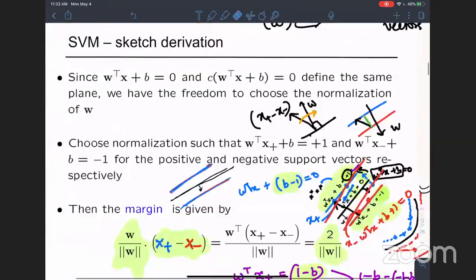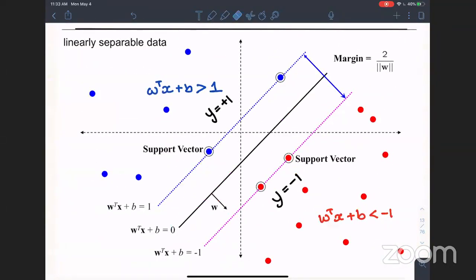Let's proceed. This is what we had, right? Margin is 2 by norm W. The y equal to +1 family is on the upper left, and down at the bottom is the negative class family. Now here are the equations. The black line, the bisector, is equal to 0. On the blue point line, we have equal to 1.